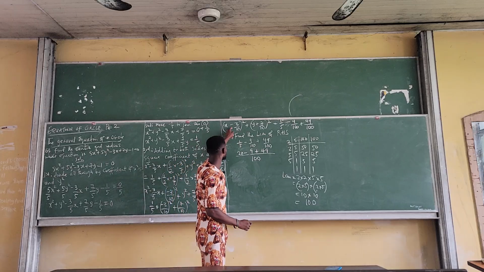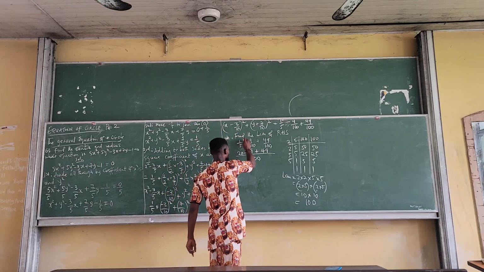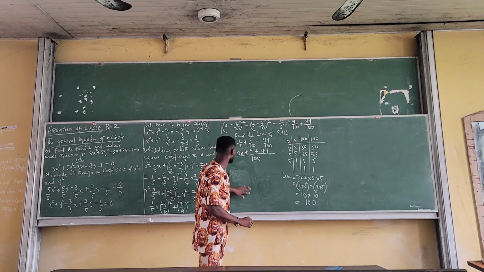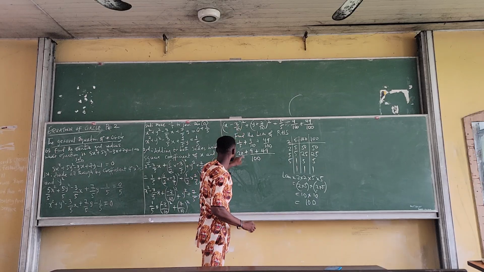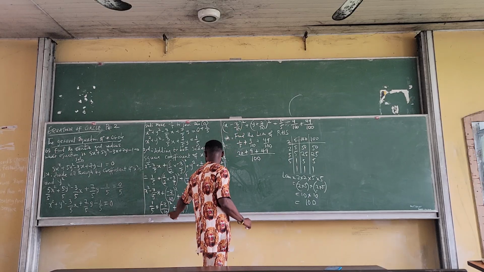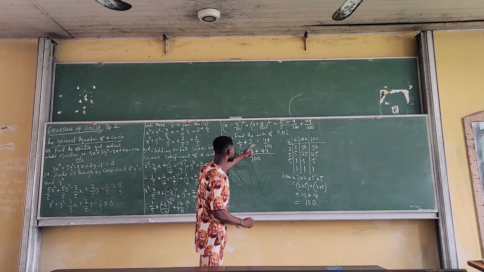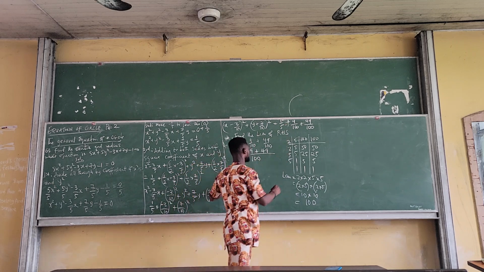Okay, the square is supposed to be plus, right? It's supposed to be plus. Yes.